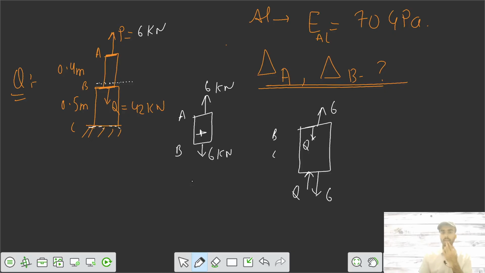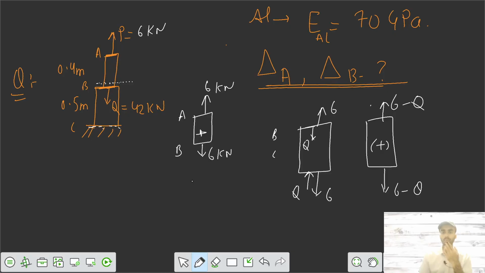So the net here, I would take as overall net is tensile. Taking net as tensile, I would write it this way: 6 minus Q and 6 minus Q, taking the deformation as tensile positive.